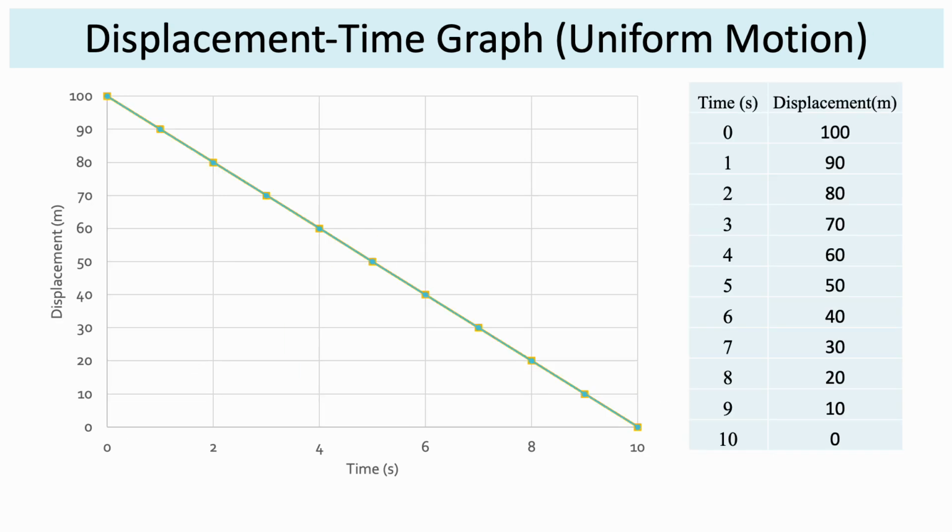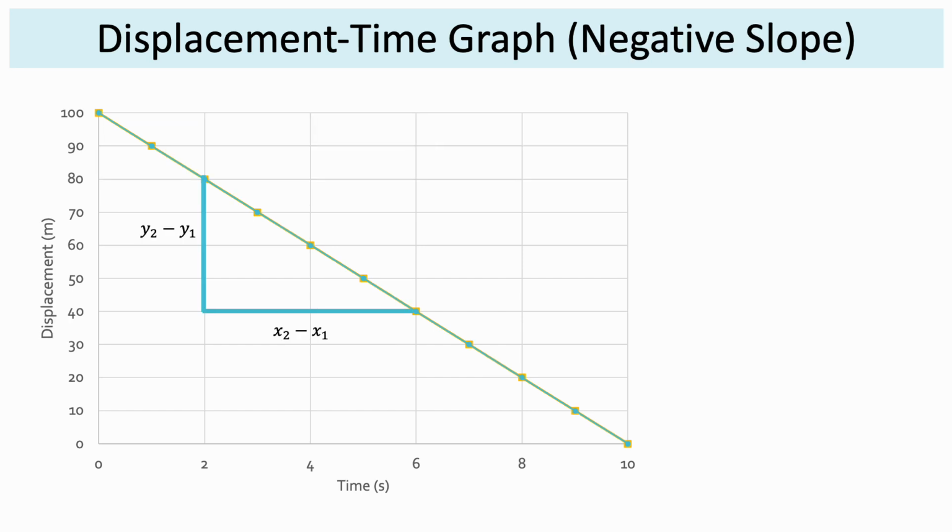This is another example of uniform motion, but here displacement decreases steadily over time, meaning the object is moving back towards the starting point. The slope is constant, so the speed is uniform. A negative slope indicates that the motion is in the opposite direction to the chosen positive axis.